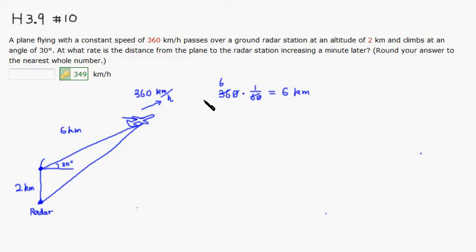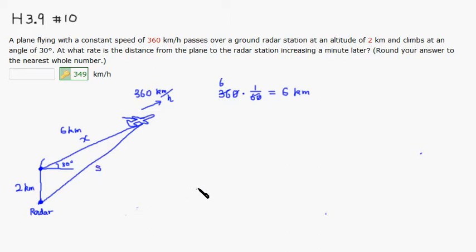All right, so we're going to name the unknown, changing quantities. For the distance here, I'm going to use x, and for the distance between the radar and the airplane, I'm going to use s.